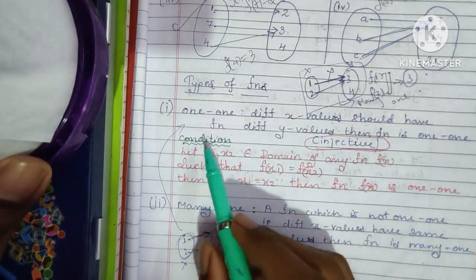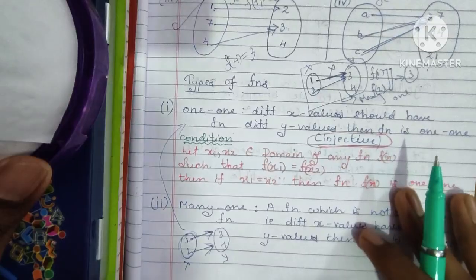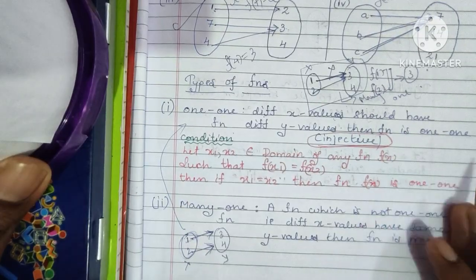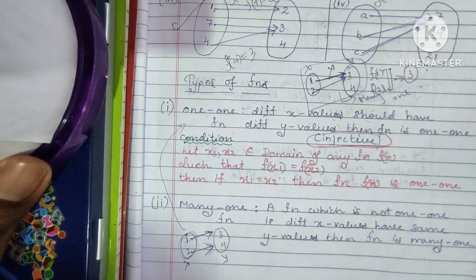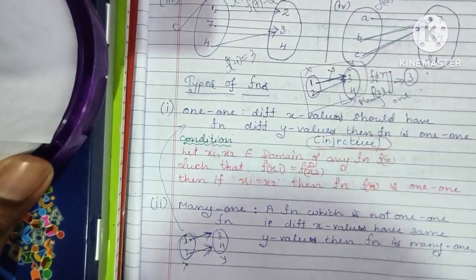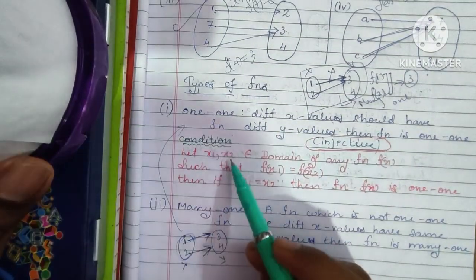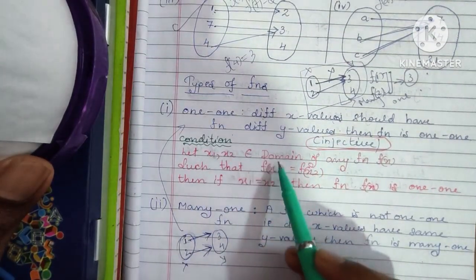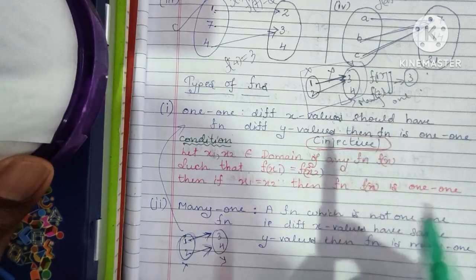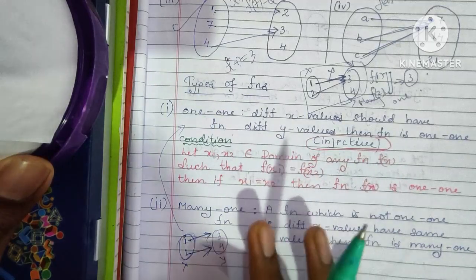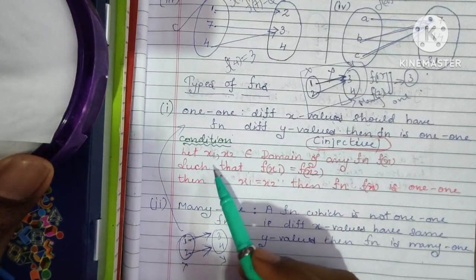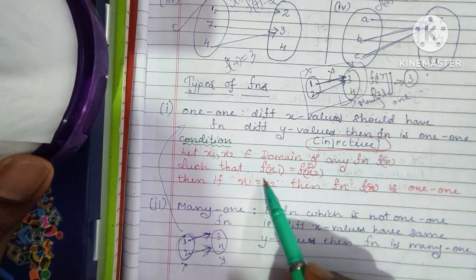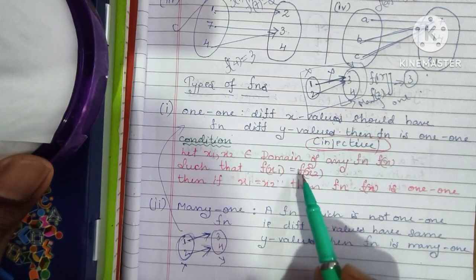The condition that you have to prove while solving any question regarding 1, 1 is, first of all assume x1, x2 belongs to the domain of any function f of x. So we are assuming two values in the domain. Let them be x1 and x2, such that f of x1 is equal to f of x2.